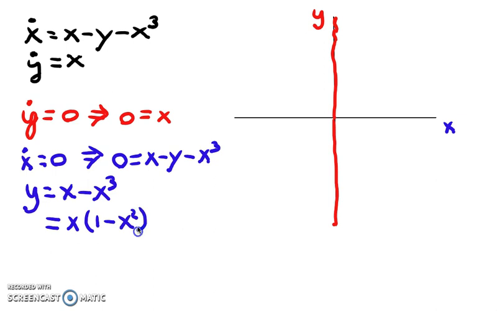So that means that this cubic function needs to cross the horizontal axis, the x-axis, 3 times: once when x is 0, once when x is negative 1, and once when x is positive 1.